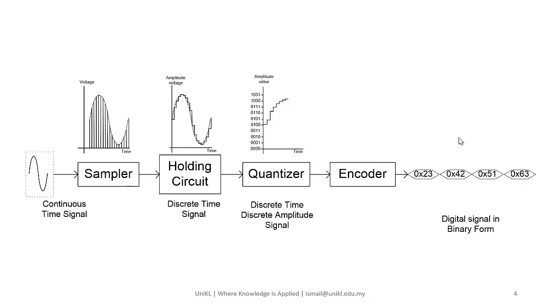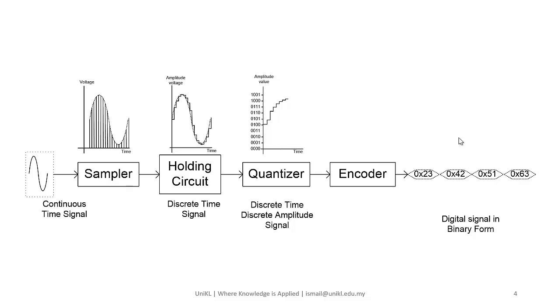Then we feed it to the quantizer, which will quantize the signal to the nearest corresponding digital value or code, right?